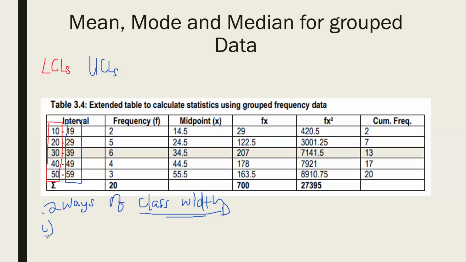When you are calculating a class width, the first method is you can use consecutive. I'll explain what it means. I am hoping that this is the proper spelling for consecutive.